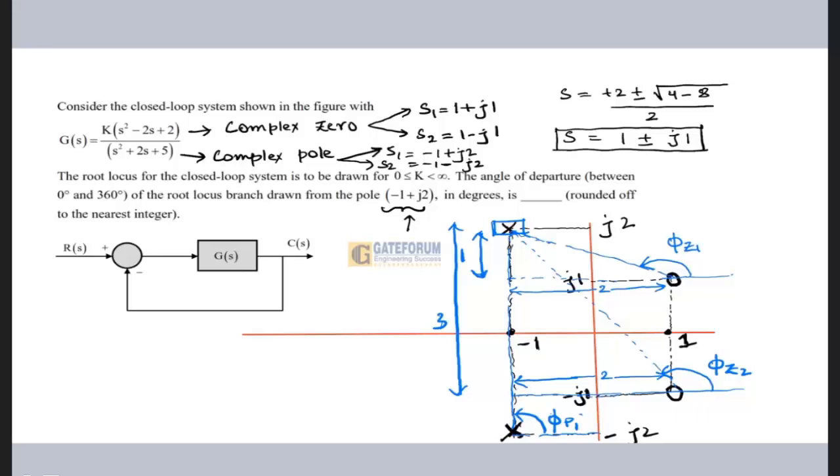Now I know that phi d is calculated as 180 degrees plus phi, and phi is given as the angle subtended by all the zeros minus the angle subtended by all the poles, right? Now let us calculate these angles.